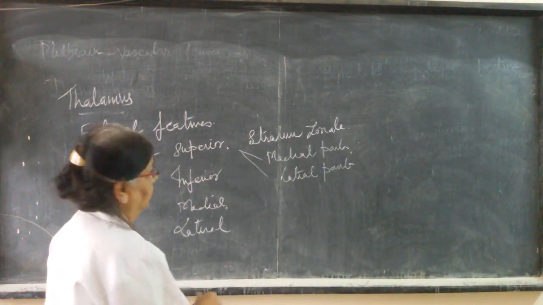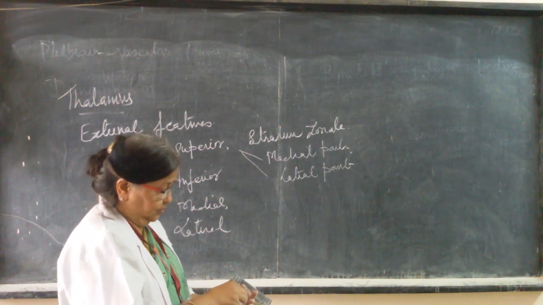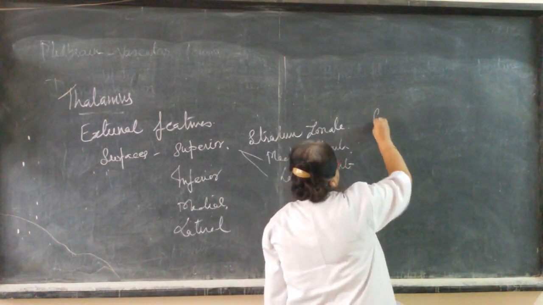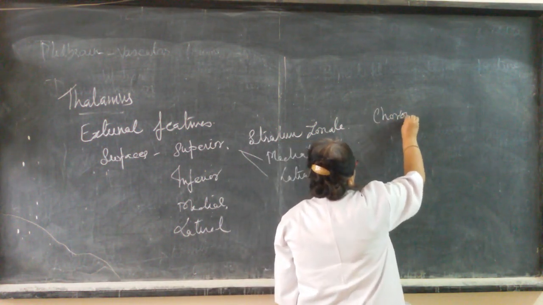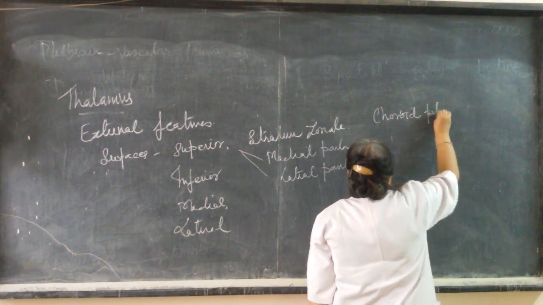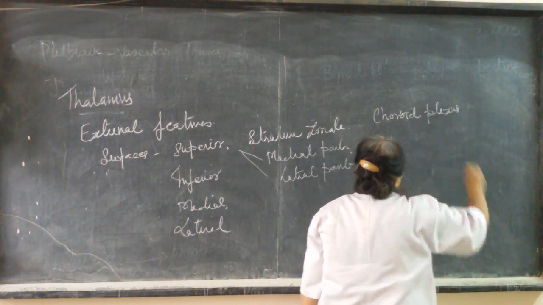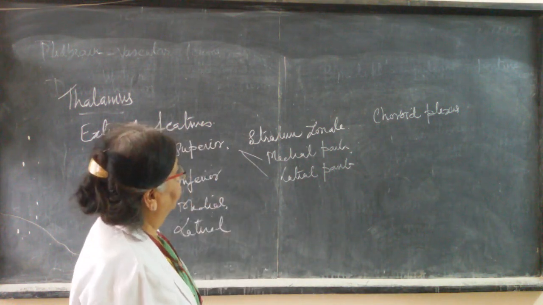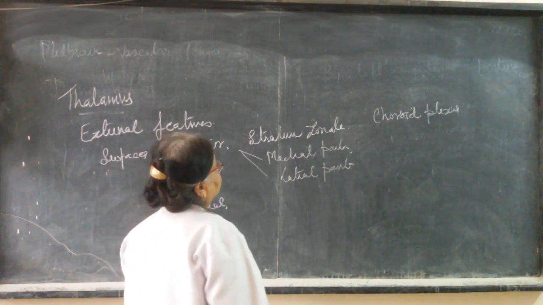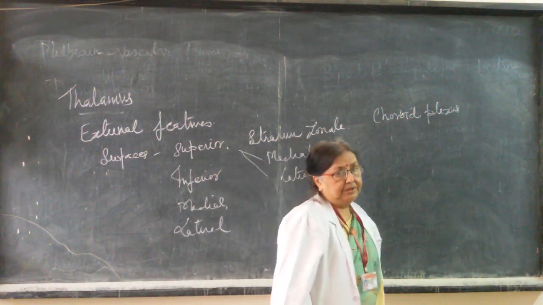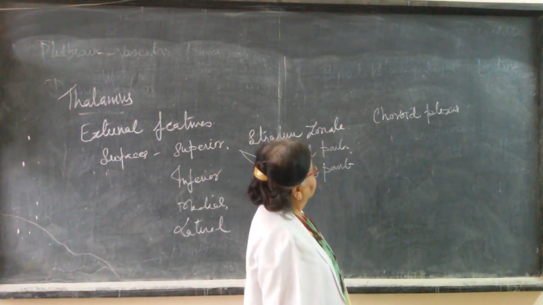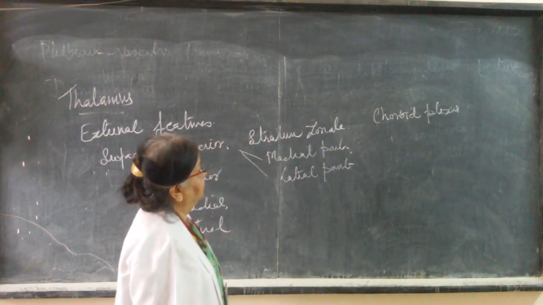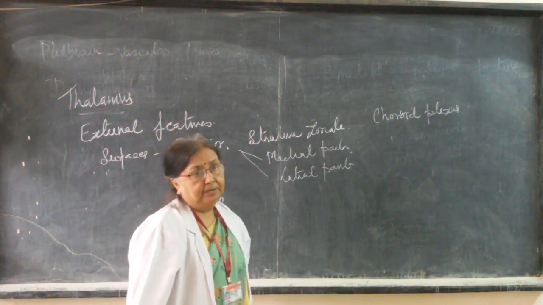Choroid plexus is a fringe-like structure formed by small vessels and fused pia mater and ependyma.